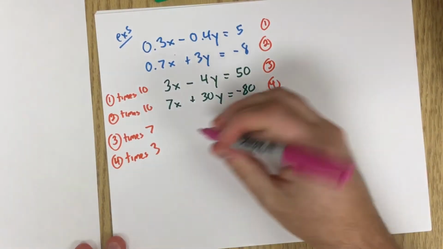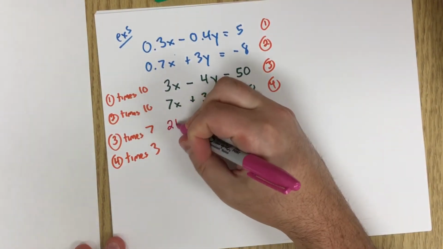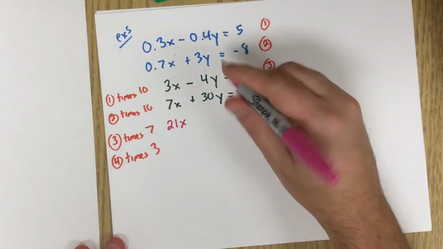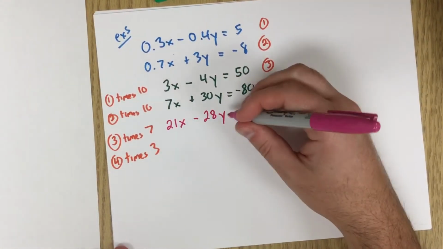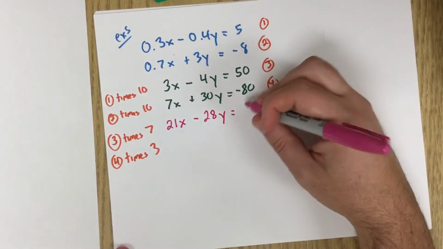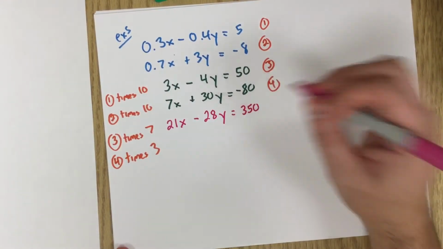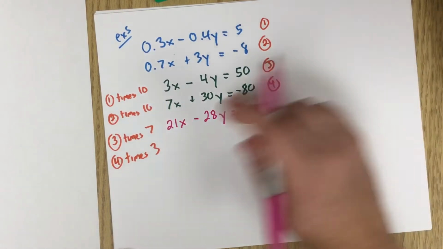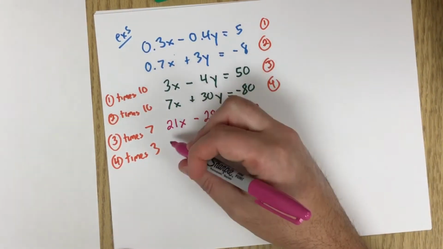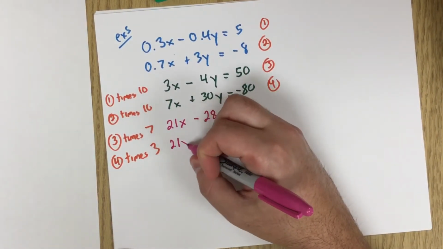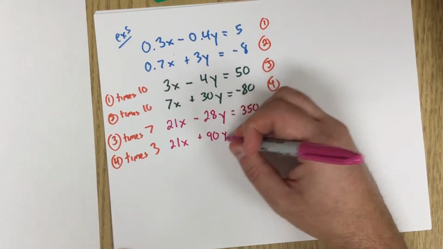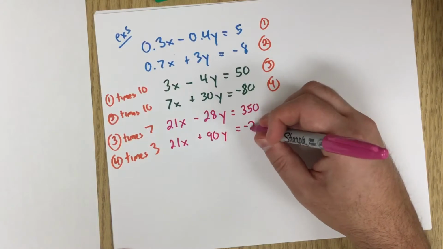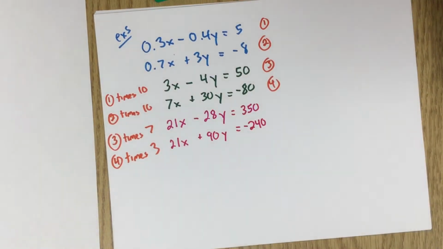So if we multiply it by 7, we're going to get 21x minus 28y, and 50 times 7 is 350. Multiply this one by 3, we're going to get 21x plus 90y equals minus 240.